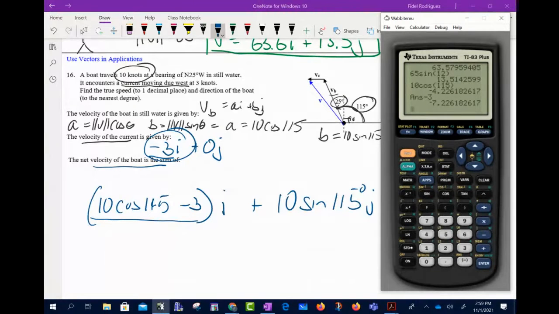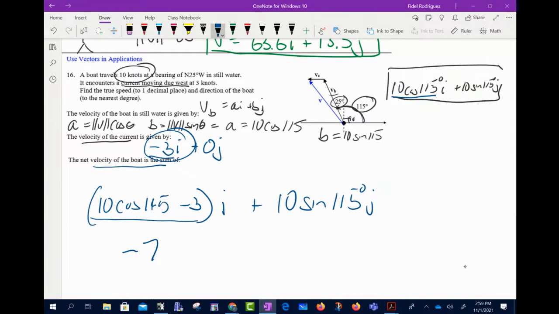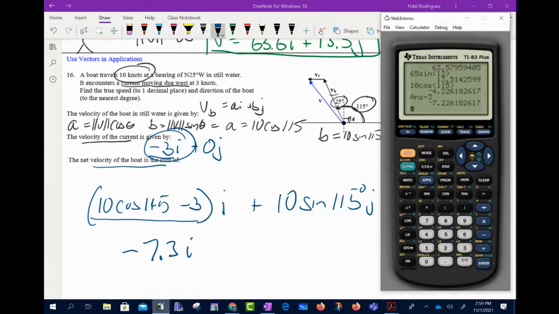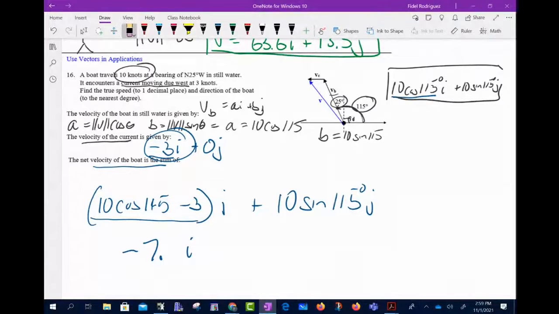Look at my x component. I'm going to do this to the nearest tenth, y'all. So would I write negative 7.2 or negative 7.3? Oh yeah, negative 7.2, sorry. You said that.